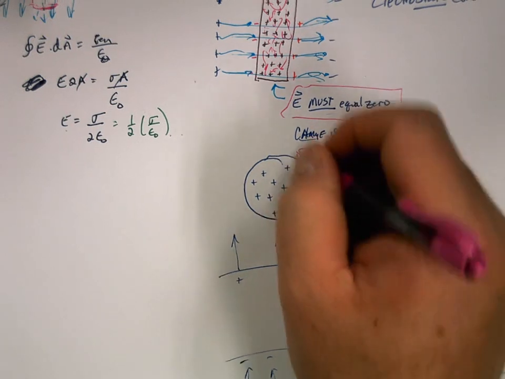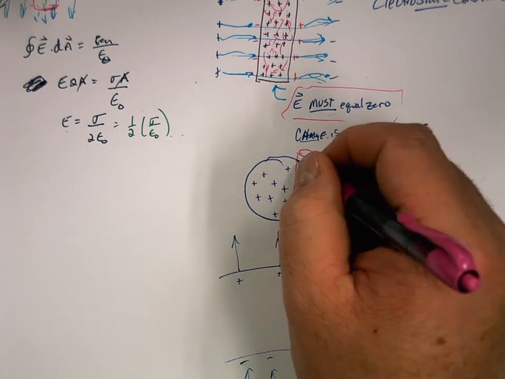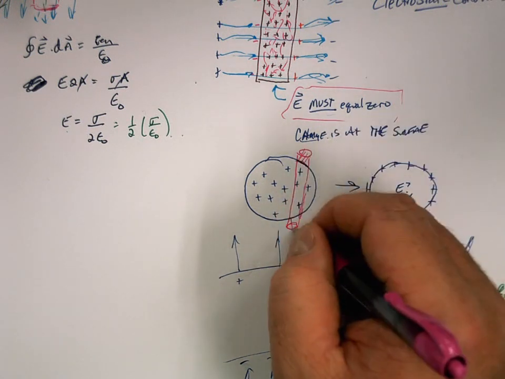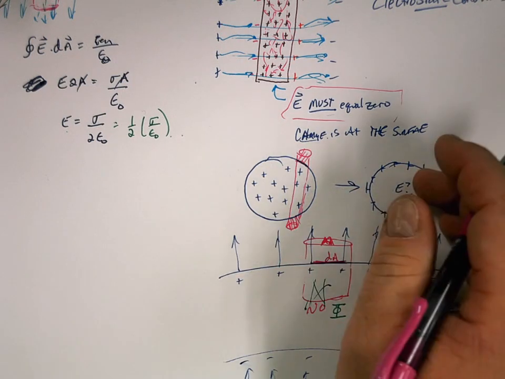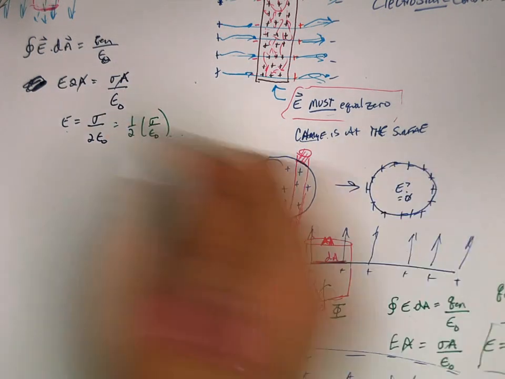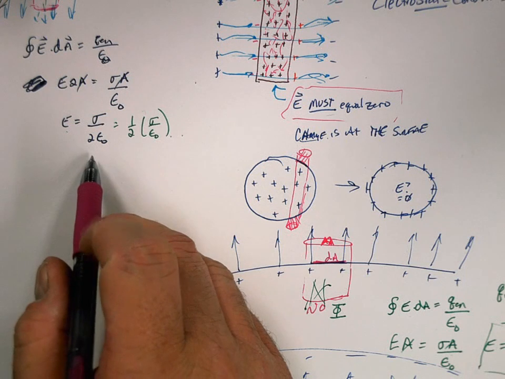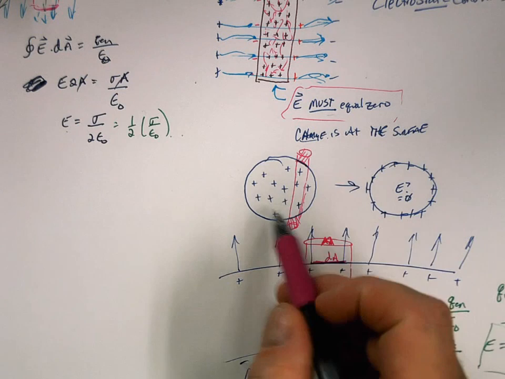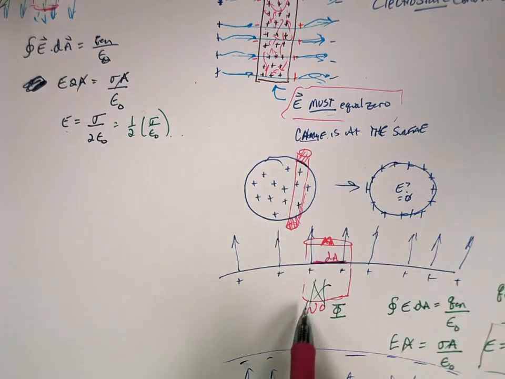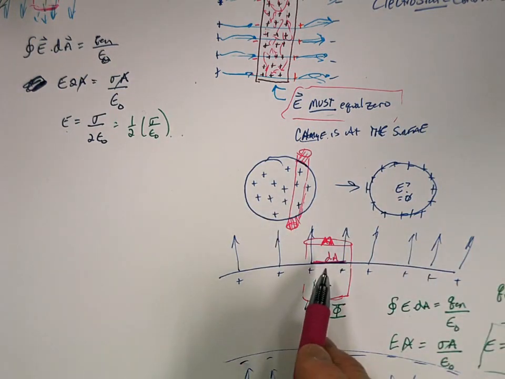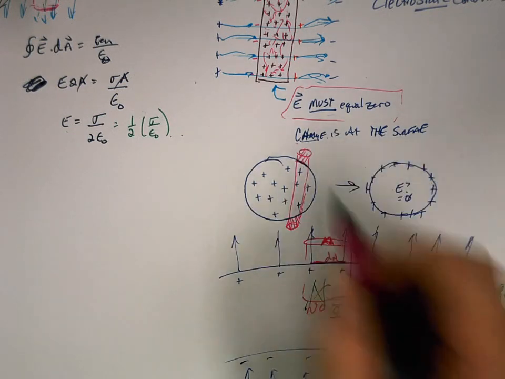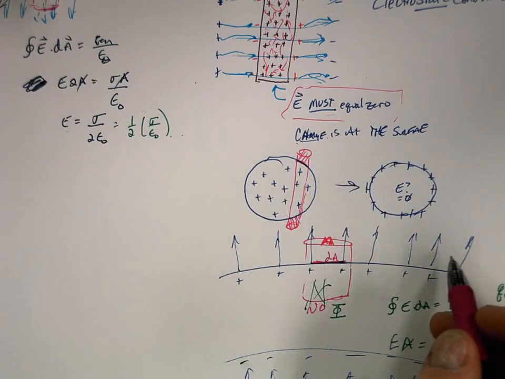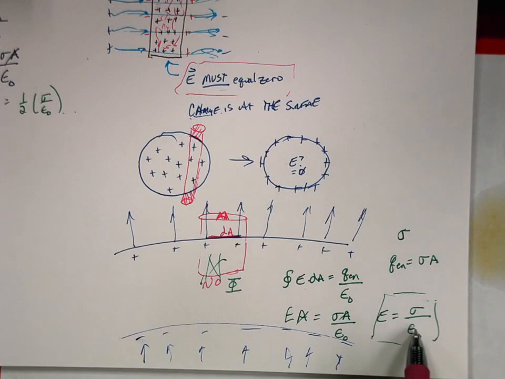Okay, well, the flux coming out of this area is going to equal the flux coming out there, and so you just wind up in this situation again, but with the math a little more complicated. The purpose for demonstrating this was to show what it is near the surface of your conductor, and then it's just sigma over epsilon naught. Okay.